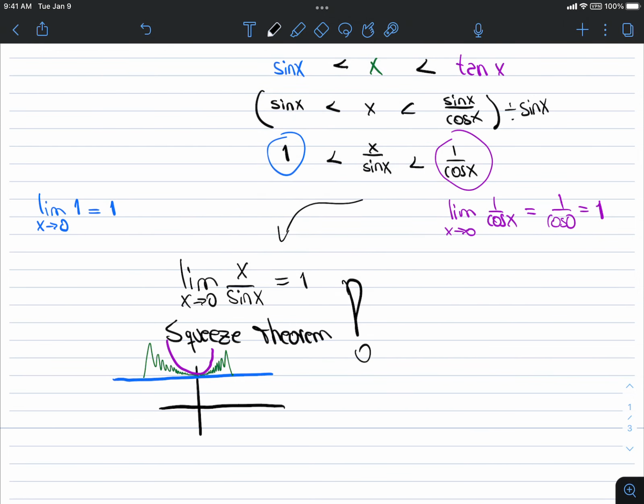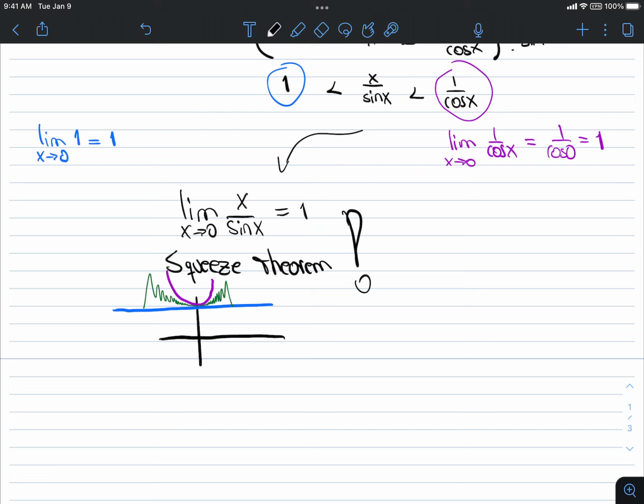This is the reciprocal of what I wanted, but it's the same because the limit of sine x over x when x goes to 0 is the same as the limit when x goes to 0 of 1 over x over sine x, the reciprocal.